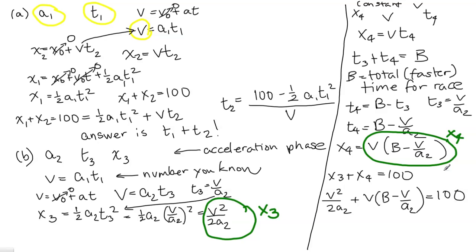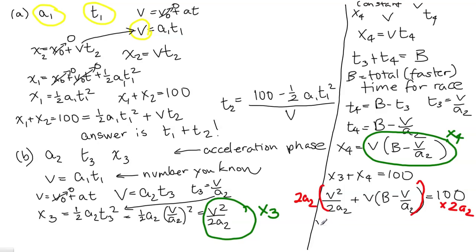When you work with this, you need to multiply both sides by 2a2 to get rid of the denominators. So we're going to multiply this thing by 2a2 and this by 2a2.